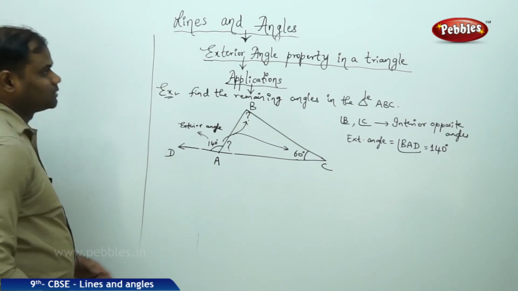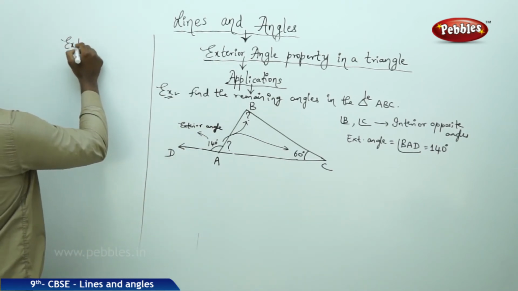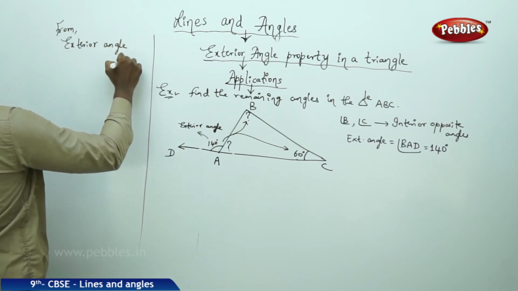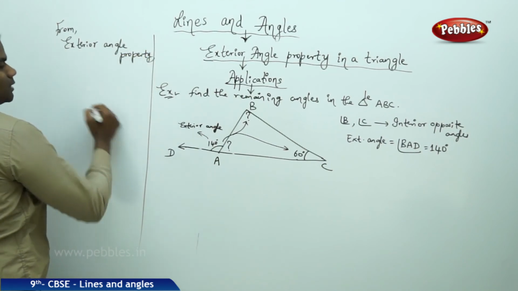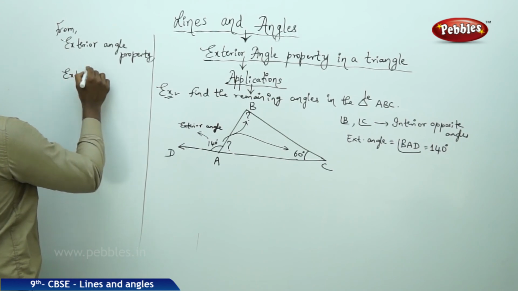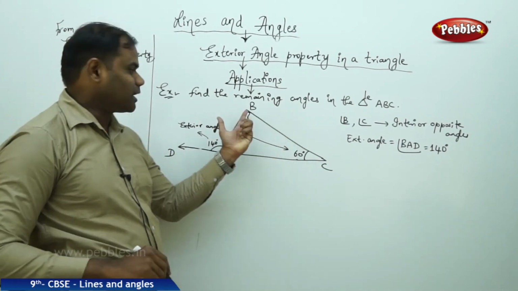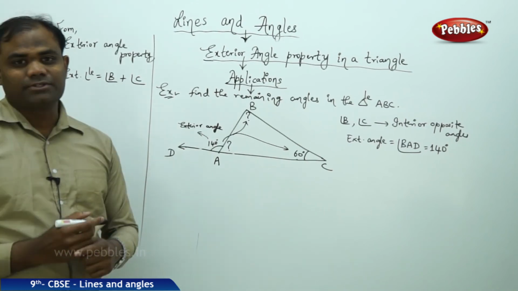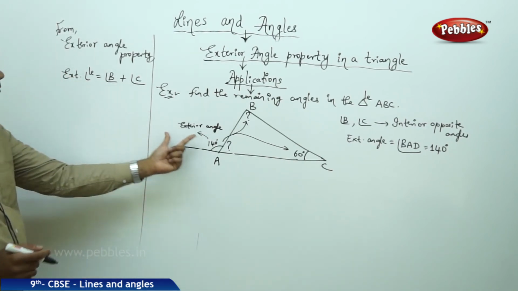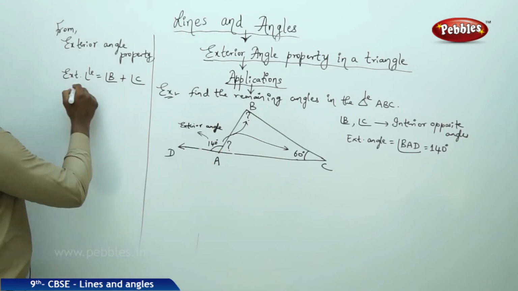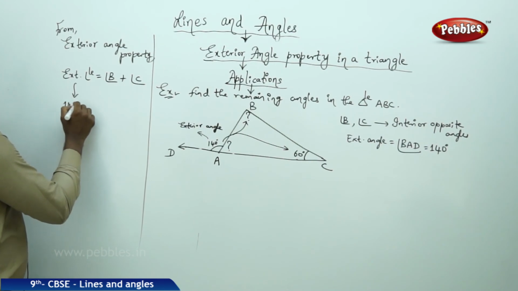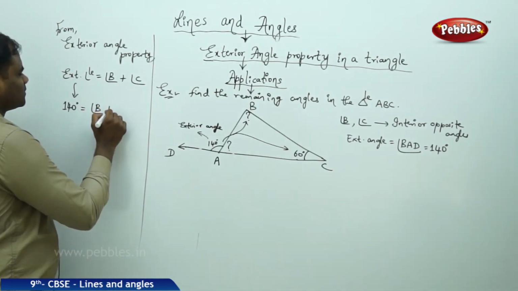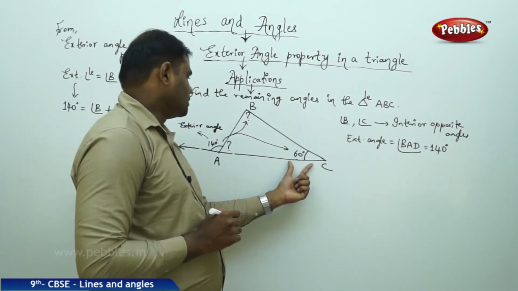Now this being 140, let's see how we can use the property. Clearly we know that from the exterior angle property, exterior angle equals the sum of interior opposite angles, being angle B and angle C. Now this exterior angle is equal to 140 degrees as given in the problem, so I substitute 140 degrees, which is equal to angle B, which we need to find, plus angle C, which is clearly given to be 60 degrees.